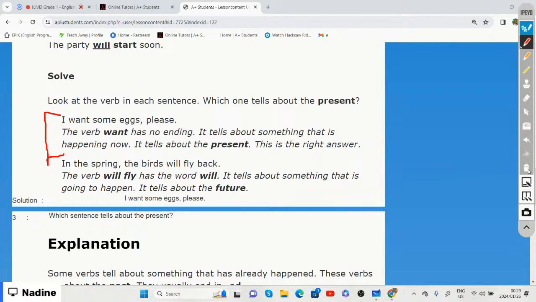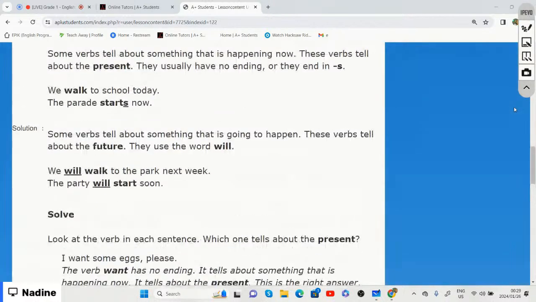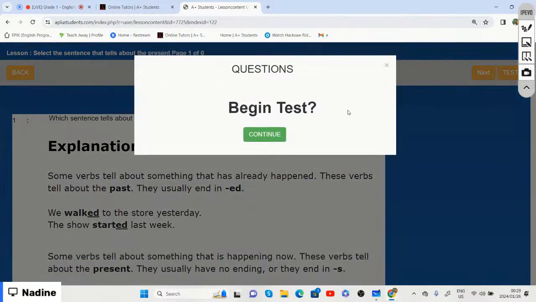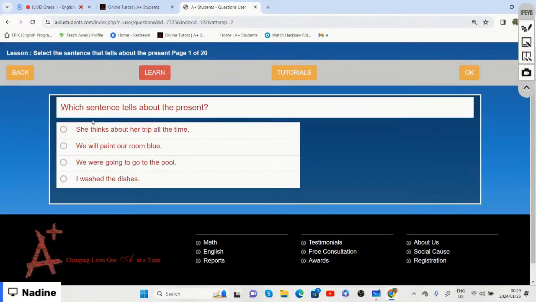All right. Now let's go to our test. So which sentence tells us about the present?